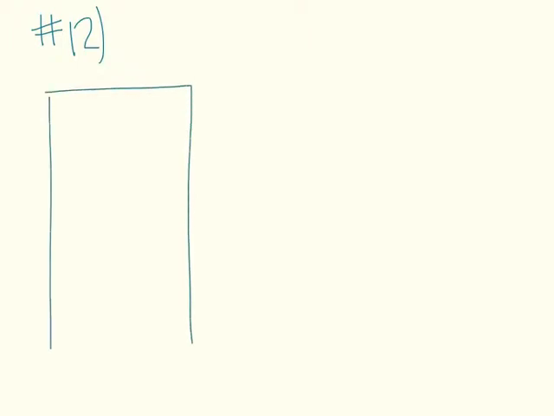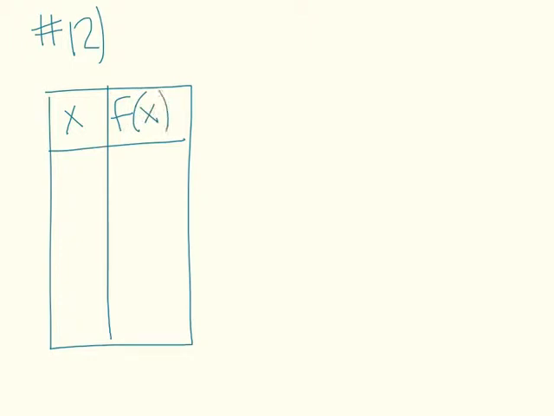Let's try writing another function rule from a table. Let's look, in fact, at question number 12 in this homework assignment. It gives us a table that looks something like this. We have x and f of x.